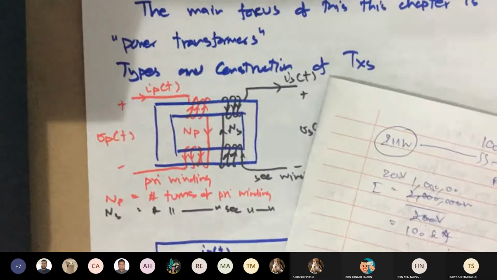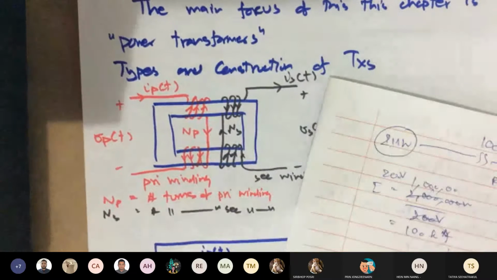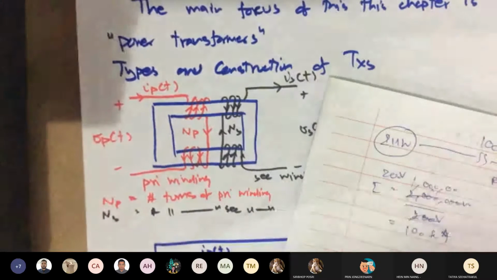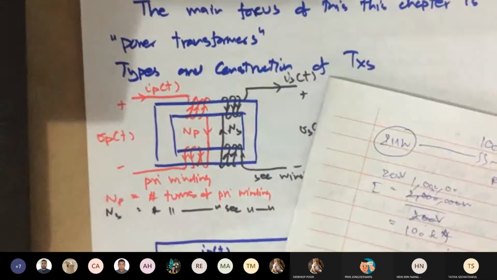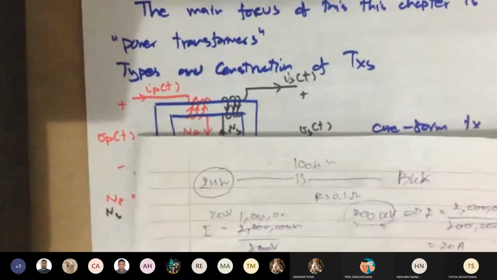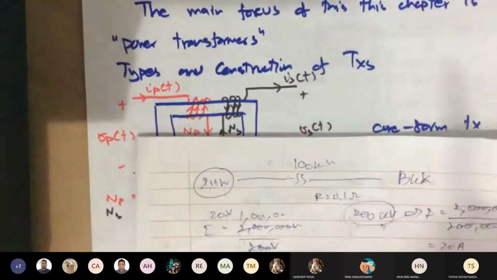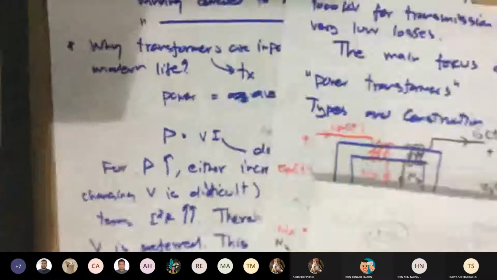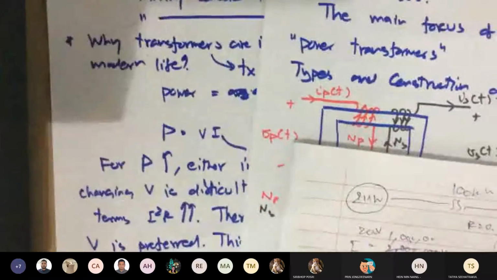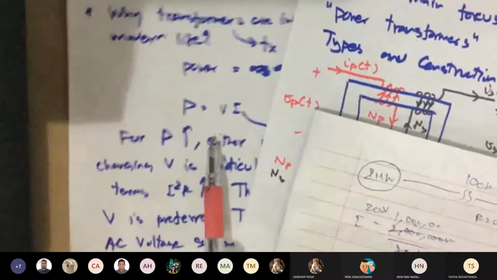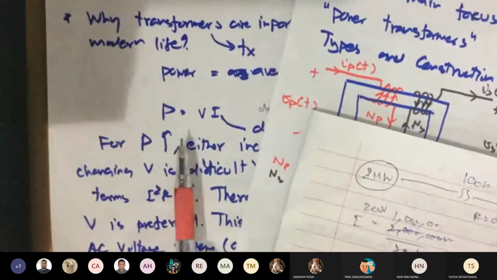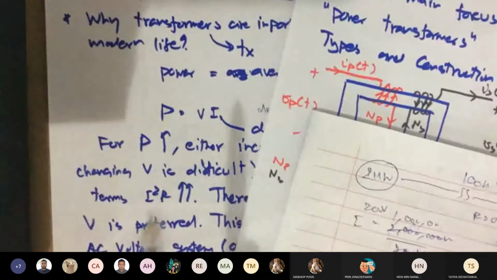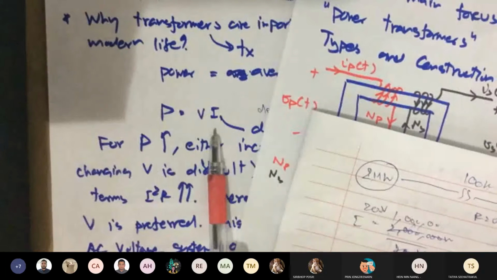Without them, we don't get electrical power to our homes, unless you are self-generating, but in general you cannot do that. Once we understand that an electrical load uses power, the way to increase the power based on load demand is to increase the voltage, not the current. We will try to minimize the current.